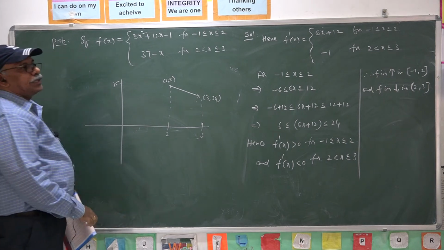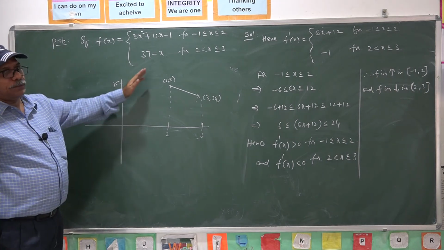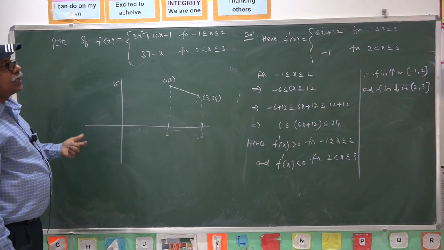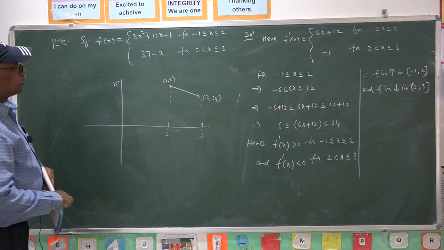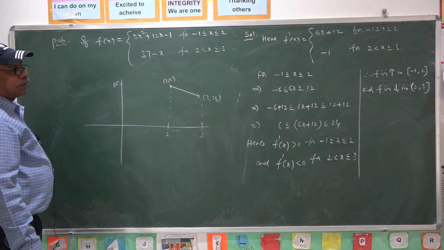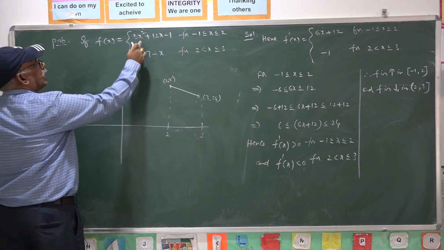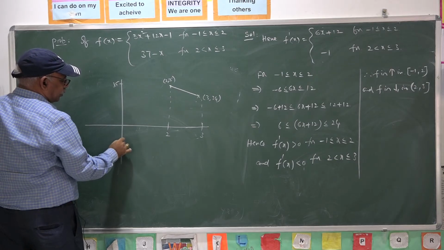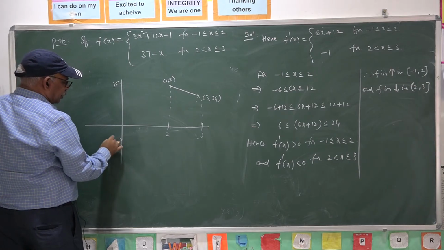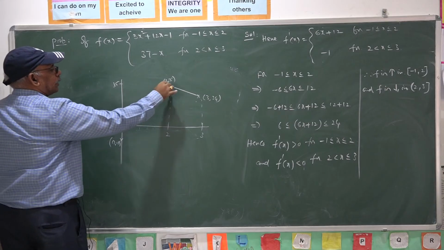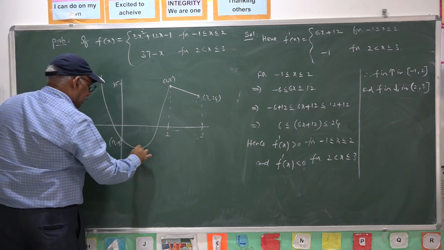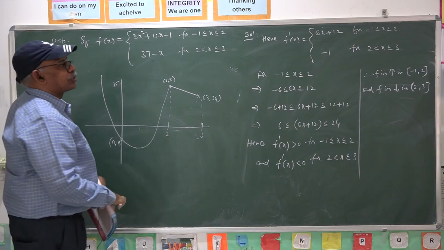Until then, it is a parabola. Y equal to 3x square plus 12x minus 1 is a parabola. The parabola may be like this, taking x equal to 0, y equal to minus 1. It is passing through 0 comma minus 1. And the parabola may be like this. It turns at minus 2.